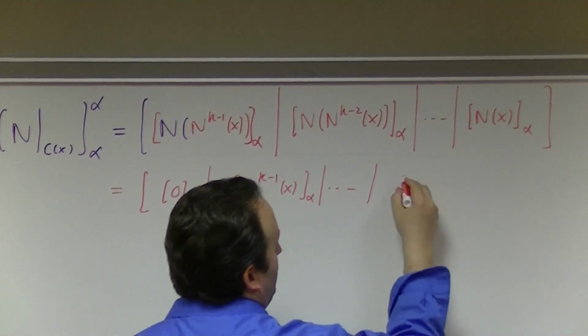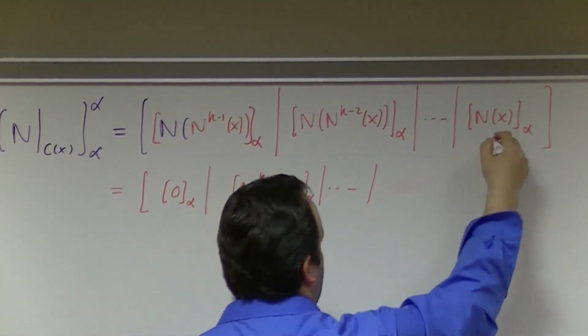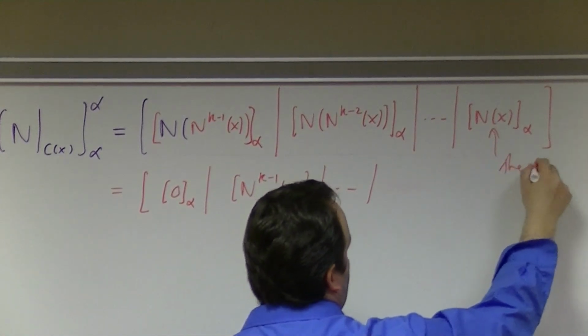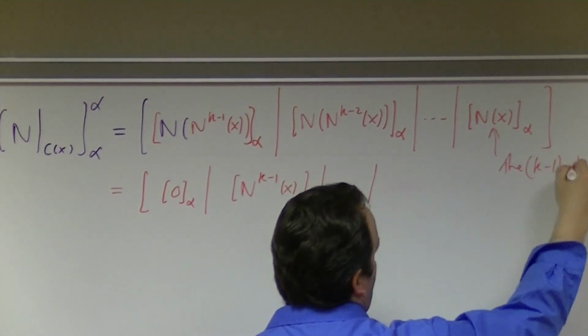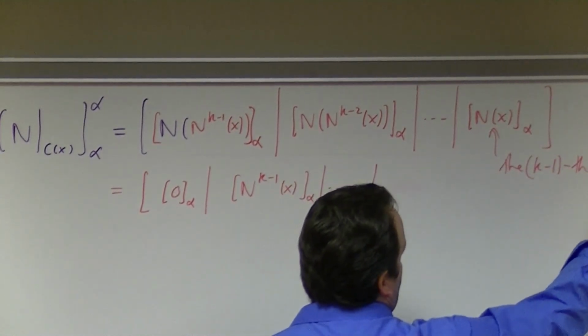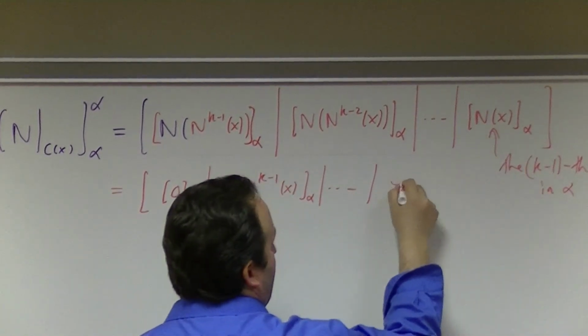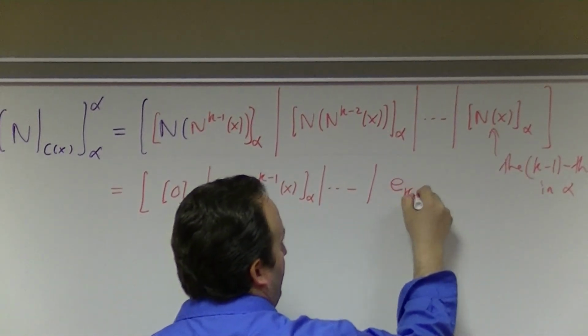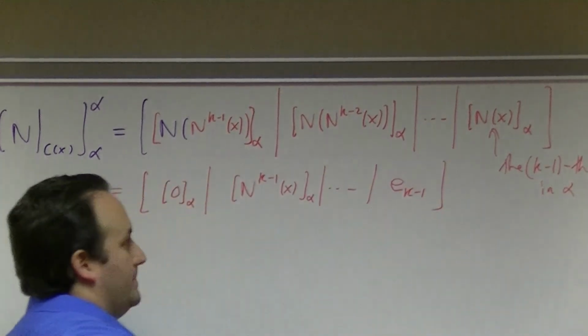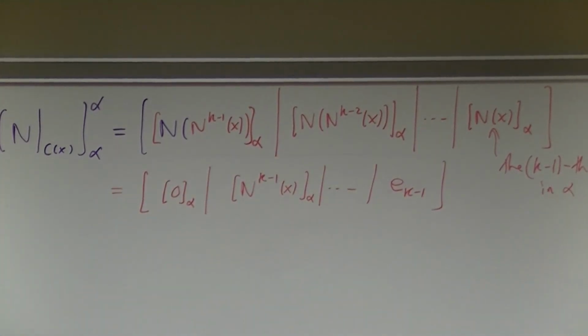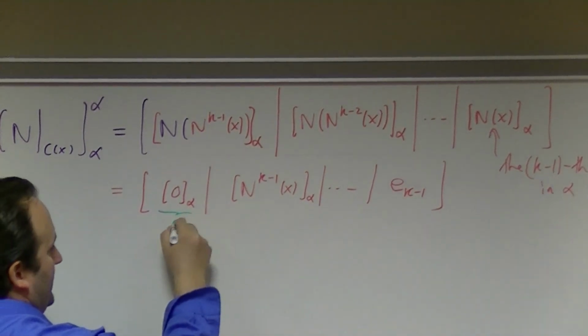That's the (k-1)th element in alpha, so this is actually standard basis member e_(k-1). Likewise, n of x gives you 0.